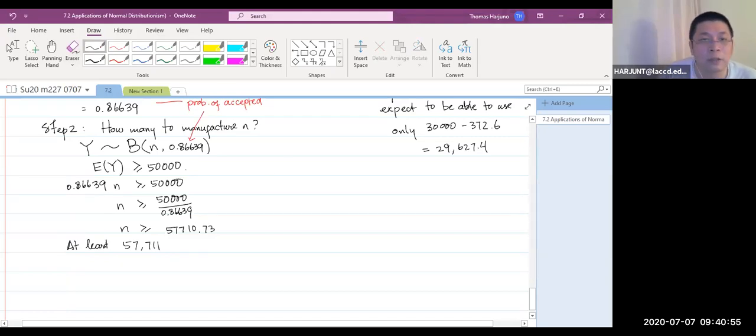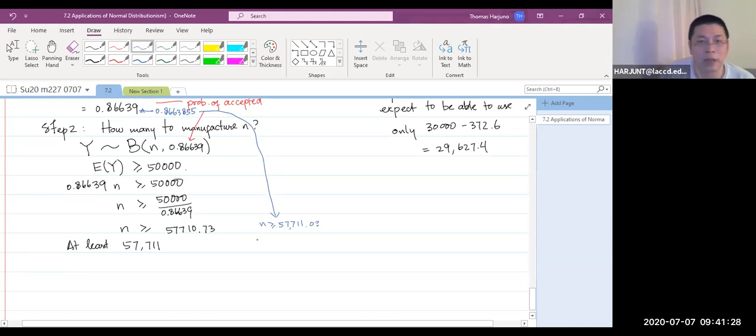Okay, but if I use the actual number on my calculator, it is 0.8663855. Just try to be more precise. Okay, so if that's the number you use, then you will end up having n greater or equal to 57,711.02 or .03, I don't know.